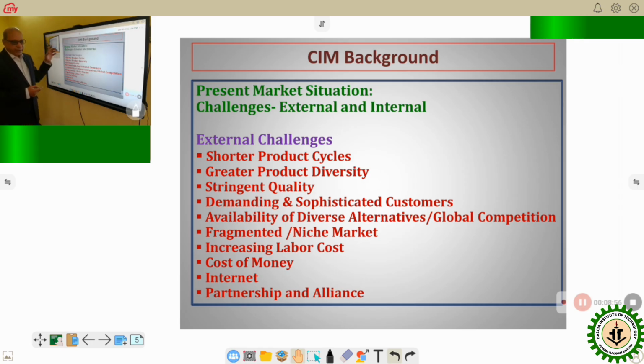If we think about our Indian perspective, the value of our rupee keeps on decreasing as compared to the US dollar. So that is why the cost of money also needs to be considered while taking up your project for new product development.